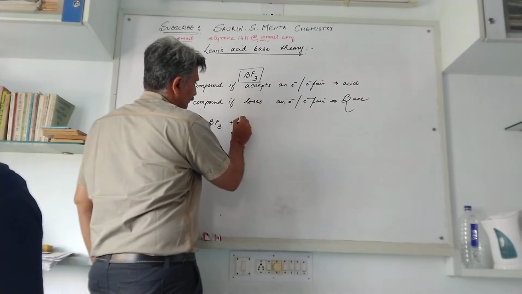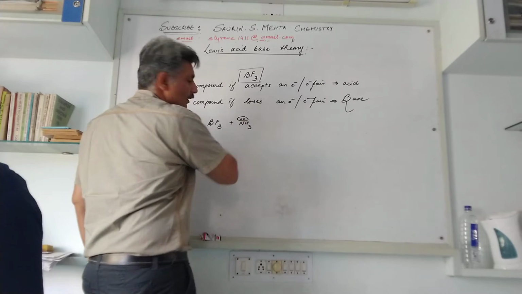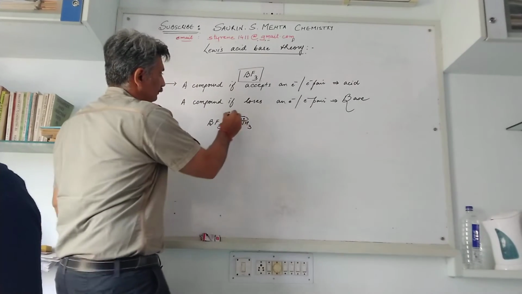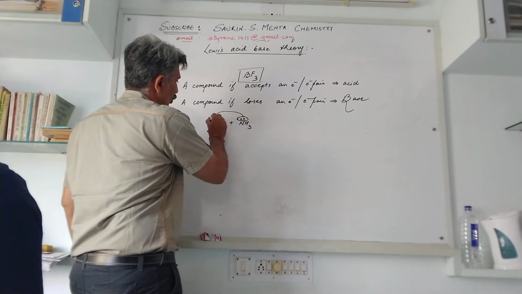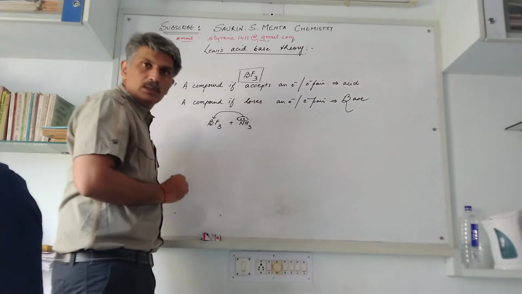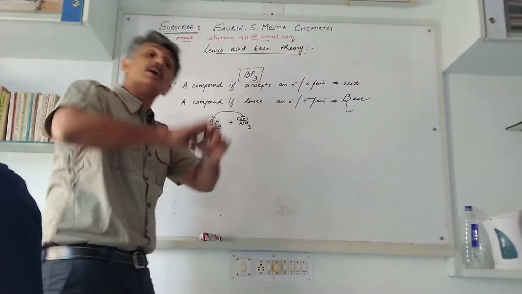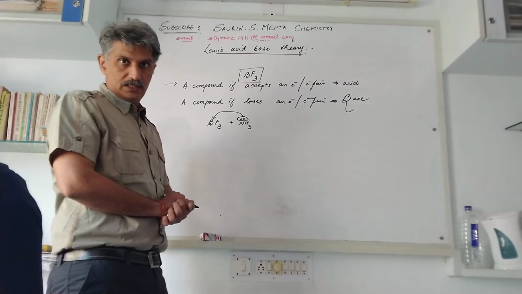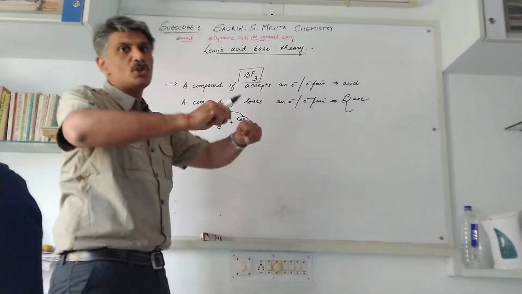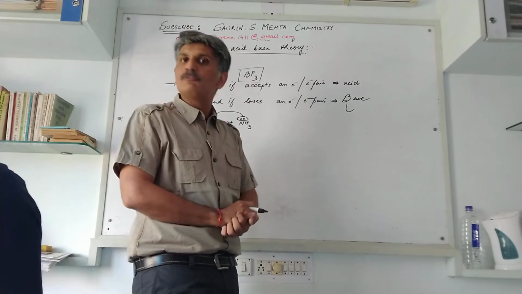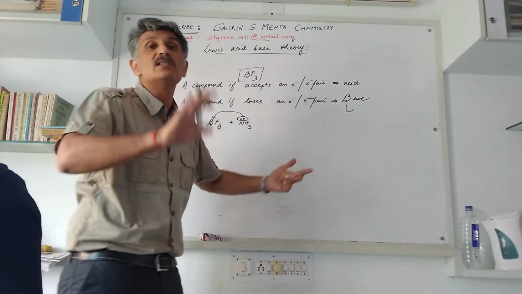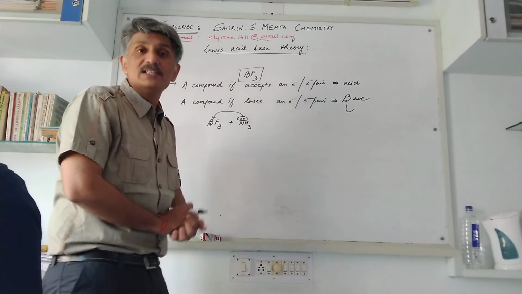This nitrogen provides a lone pair to boron. Why? Because boron is in need of electrons to complete its octet. Of course, nitrogen is not losing the electrons to boron forever. Otherwise, it will be unstable with only 6 electrons.